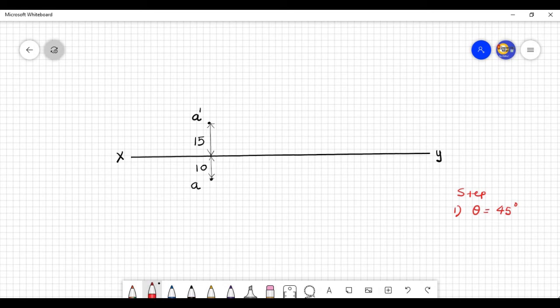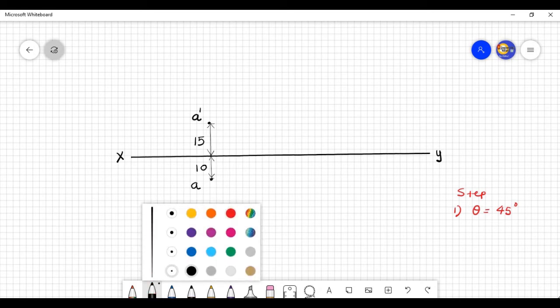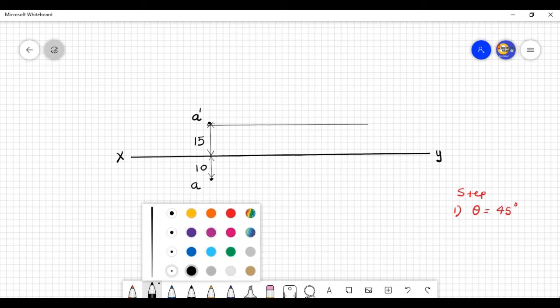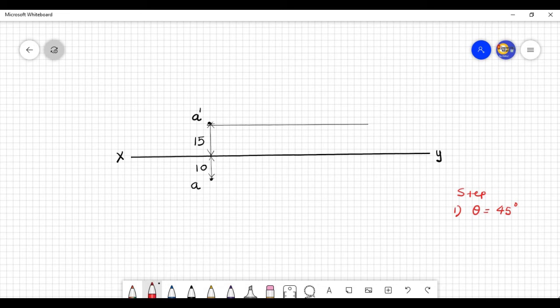Once you locate point A, we first consider only theta, which is given as 45 degrees, the angle with respect to the horizontal plane. Considering this theta, let's draw the projections for the case when the line is parallel to VP and inclined to HP only, at 45 degrees. In that case we can see the true length, which is given as 100 mm.